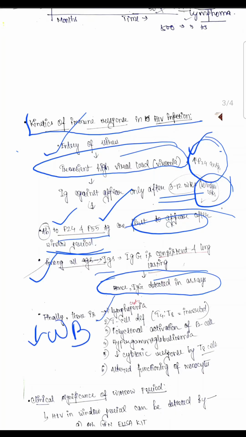There is T cell deficiency, or T lymphocyte deficiency, where we see the T4:T8 ratio is inverted. There is polyclonal activation of B cells. Now, what is polyclonal activation of B cells? Different clones of B lymphocytes are getting activated. So what will happen? B cells are activating, so plasma cells will activate.